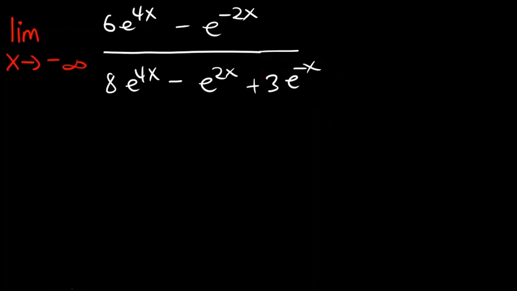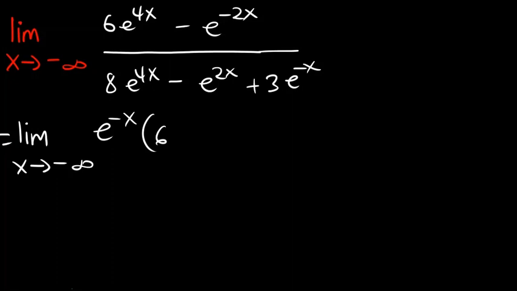So what you're going to do is factor out e to the power of minus x from both the denominator and the numerator. Let's look at what you're going to have. You're going to have the limit as x approaches minus infinity, and then let's do the factorization. You're going to have e to the power minus x out and then 6.